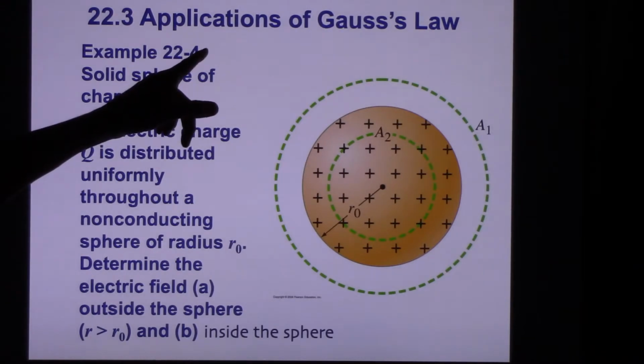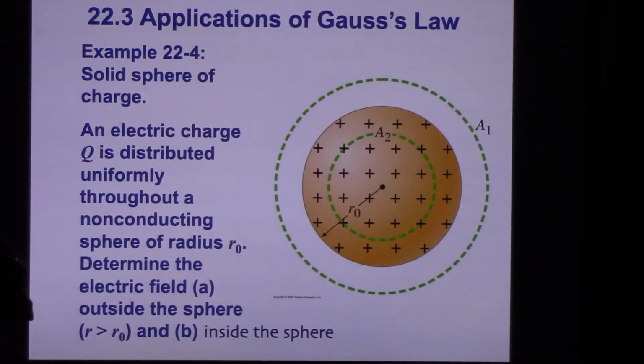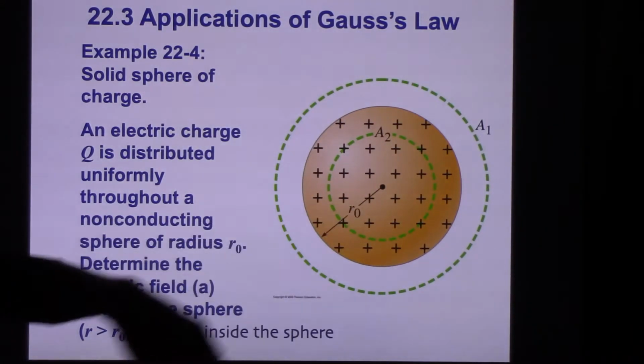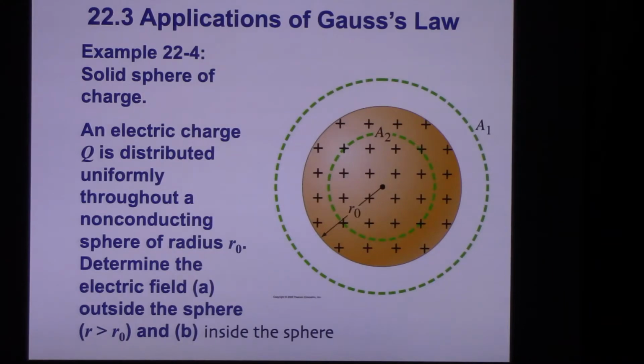So here's a second application of Gauss's law. This one says what would happen if, instead of having all the charge along some kind of a surface, we fill in the sphere and we place all the charge uniformly through the sphere? Now this is not a conductor. A conductor would have charges that are free to move around.